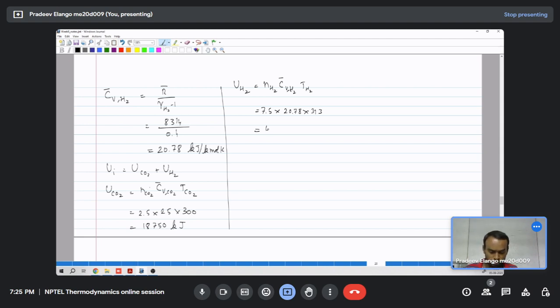This is 48781 kilojoules. So Ui is 18750 plus 48781. This is 67,531 kilojoules.